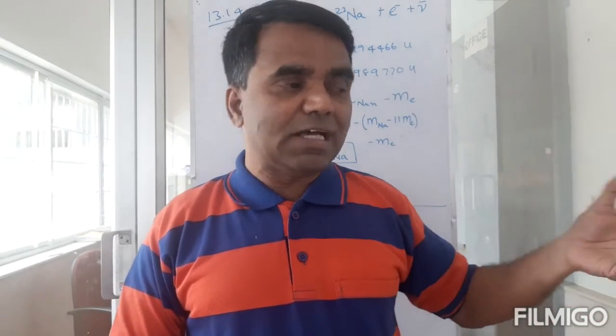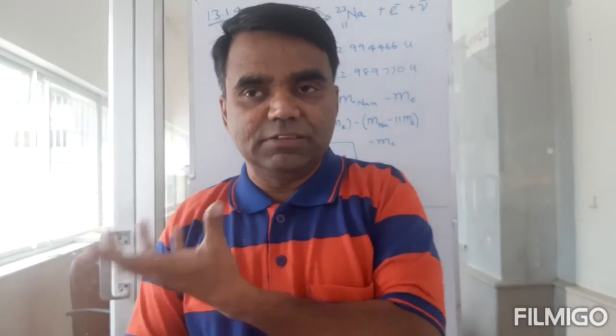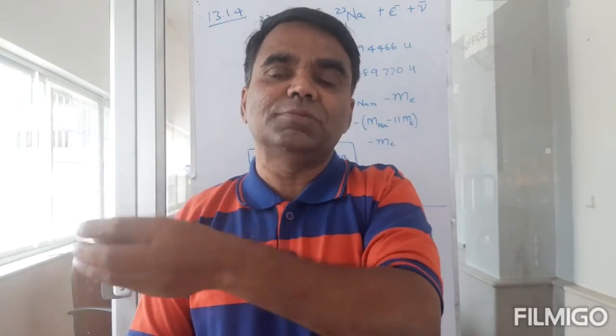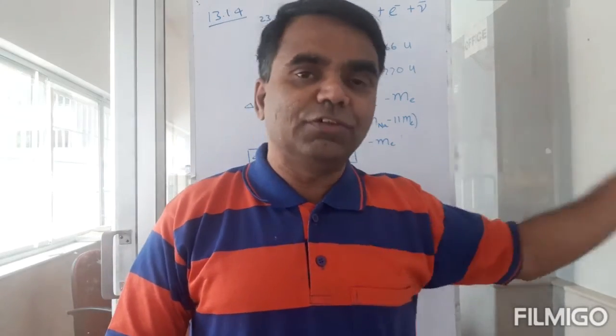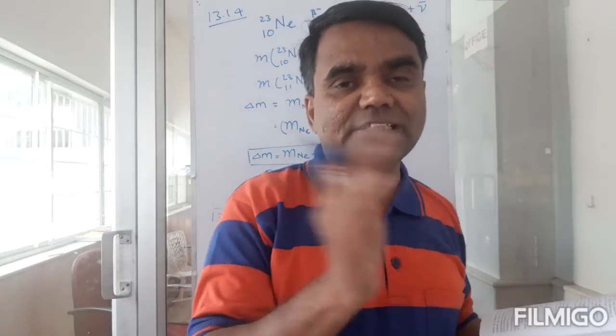If the mass of the products is more than the mass of the reactants, then you have to provide energy so that the energy is converted into mass for the products. So then that will be endothermic. Just sum up the masses and see which side is greater.